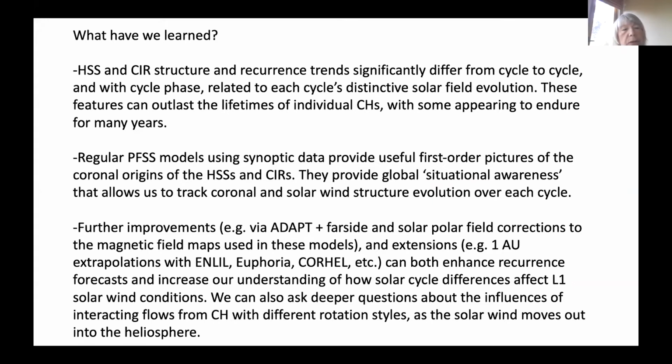So what have we learned? We've learned that the high-speed stream and CIR structure and recurrence differ significantly from cycle to cycle and with cycle phase. And it's related to each cycle's distinctive solar field evolution. And these high-speed streams outlast the lifetimes of individual coronal holes.